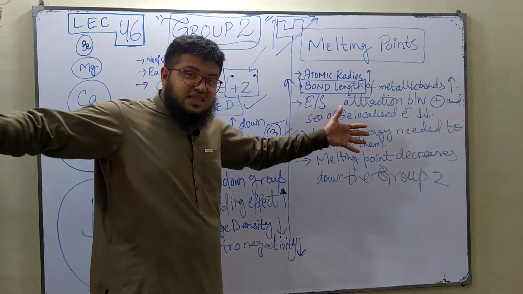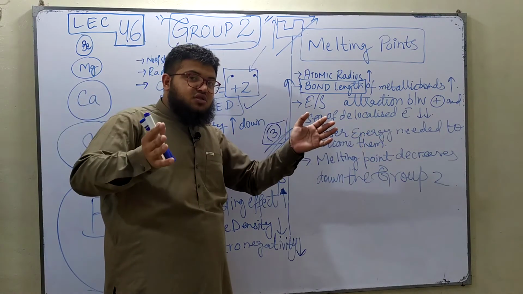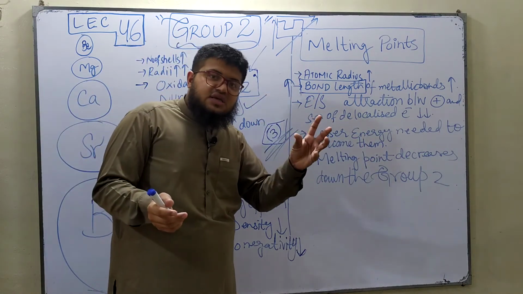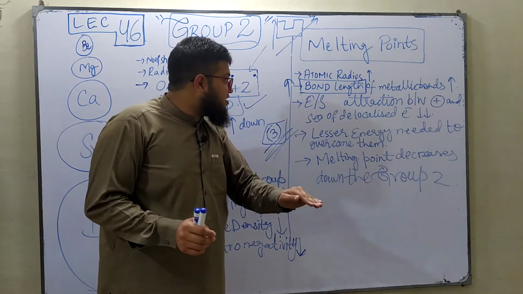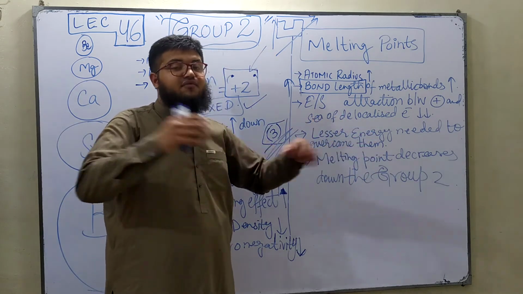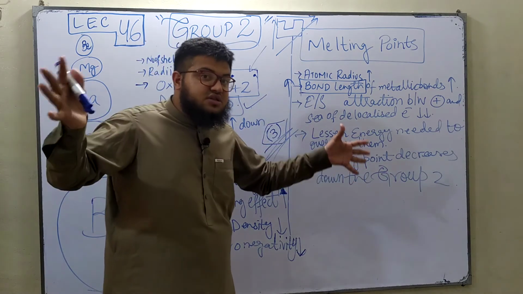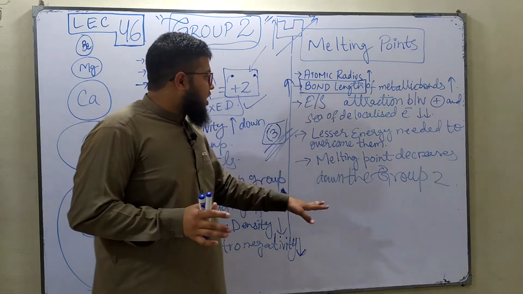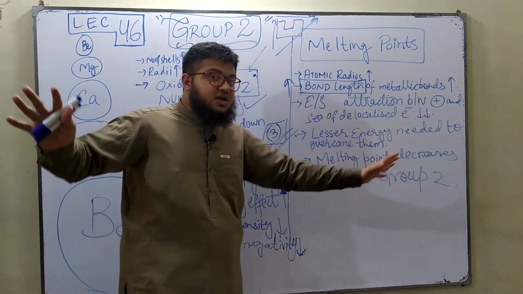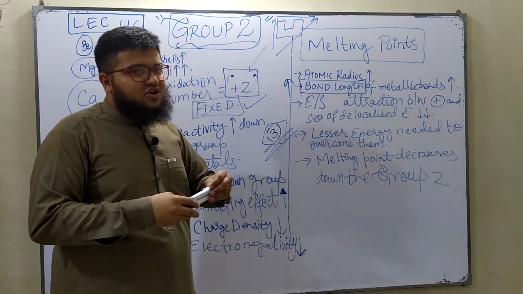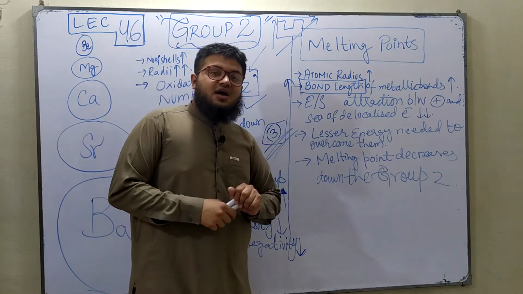If the bond length increases, then the attraction between the positive ions and the sea of delocalized electrons will decrease, because the electrons and nuclei will become far apart from one another due to the increase in atomic radius. If they move far apart from one another, will it be easier to break the bond?